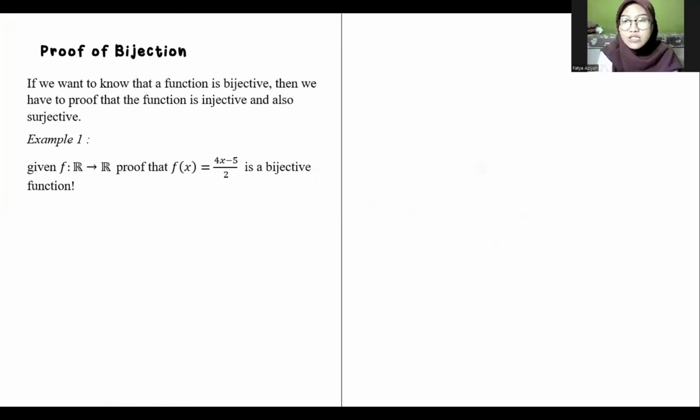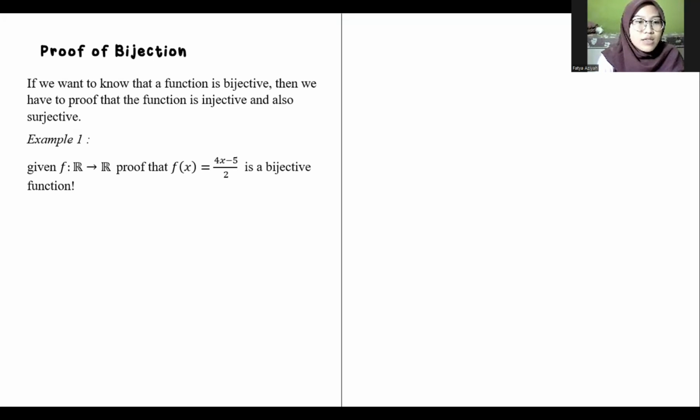Why bijection? If we prove the bijection, then we have proved both the injection and the surjection. So if you want to know that a function is bijective, we have to prove that the function is injective and also surjective, like I said before.